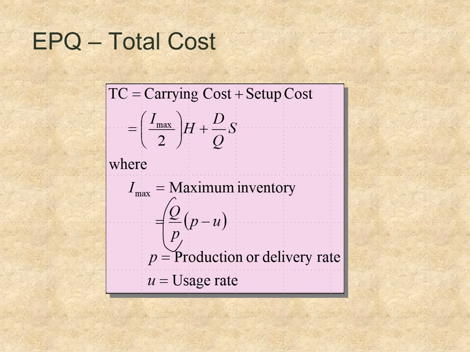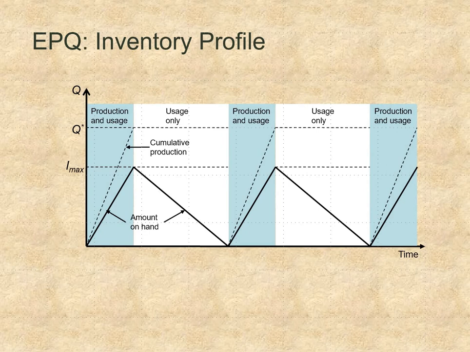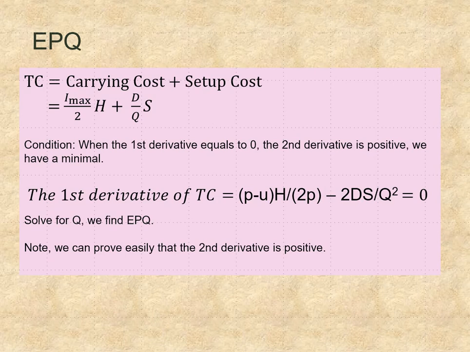So Q over P is quantity over production rate, times P minus U. P is the production or delivery rate, which is how fast you produce, minus the usage rate, that is the speed this product is being used or being sold. So if you look at it here, this is the Imax. Total cost TC equals Imax divided by 2 times H plus D divided by Q times S.